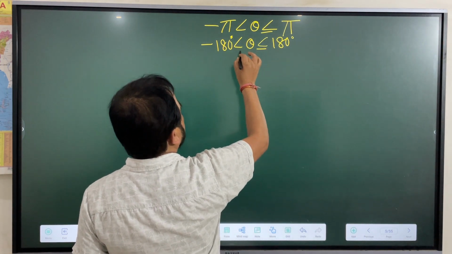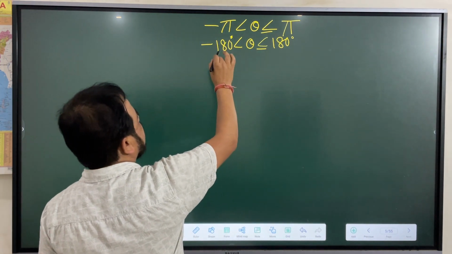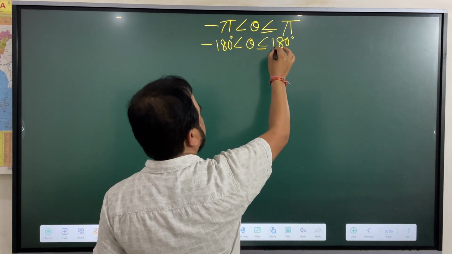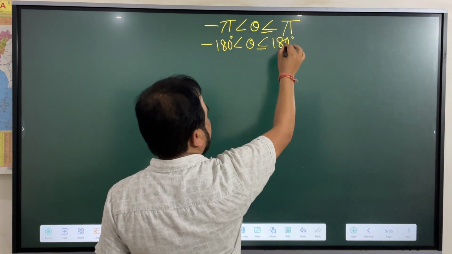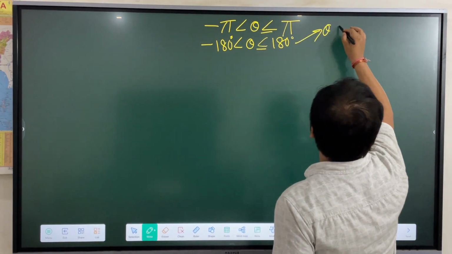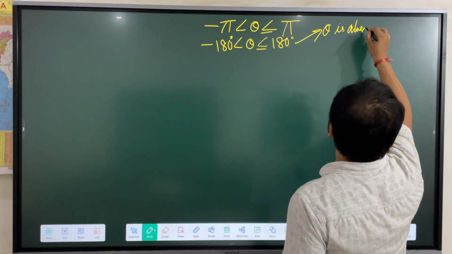The value of theta will always be greater than minus 180 degree, and the value of theta will always be less than or equal to 180 degree.